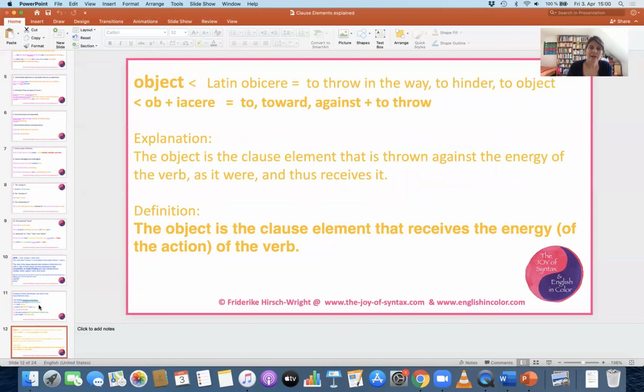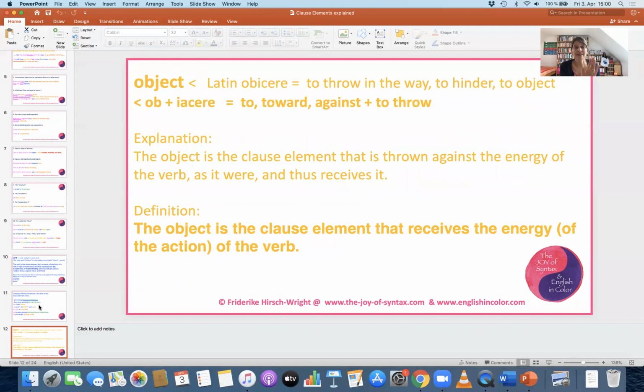That comes from Latin obicere, to throw in the way, to hinder, to object. And obicere consists of the prefix ob and the verb jacere. We already know that jacere means to throw, and ob means to, towards, against. So the object is an element that's thrown against.